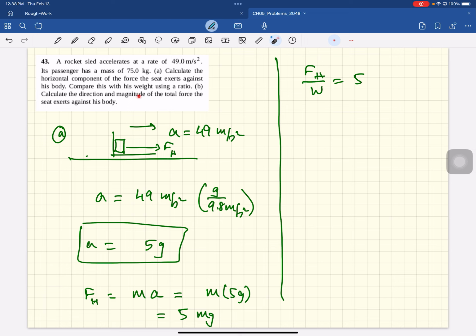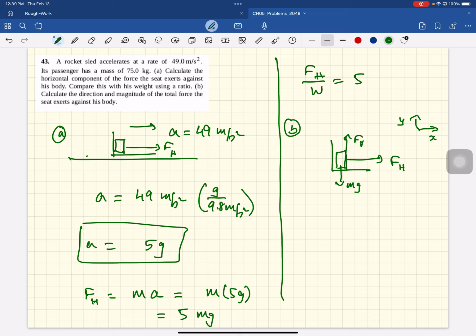Now calculate the direction and magnitude of the total force the seat exerts against his body. Here's the passenger. You have a horizontal force, and again, I always draw my x-axis like this. What other force is acting on the person? Force of gravity. So here's the force of gravity. What we're interested in is the force that the seat exerts, and the vertical component is equal to the force of gravity.